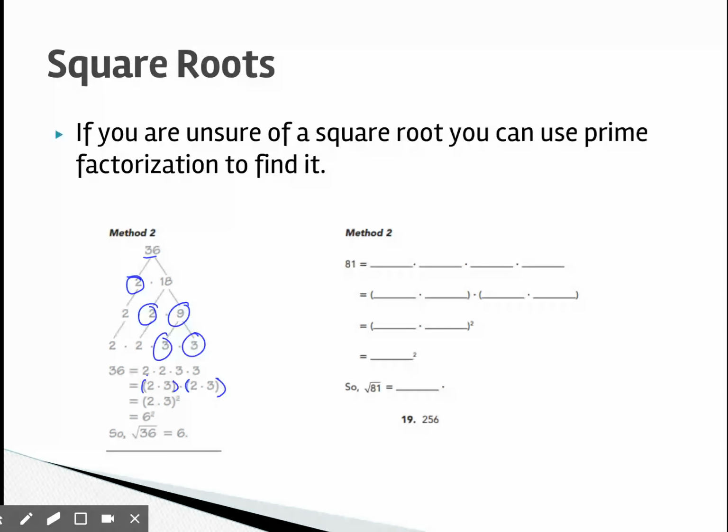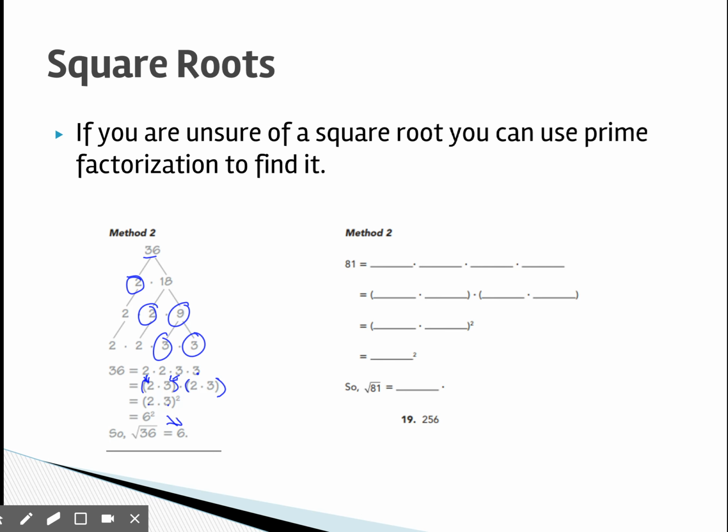So I have 2 2s and 2 3s. So in each parentheses, I'm going to have to put a 2 and a 3. And then I simply multiply what is inside those parentheses, 2 times 3, and that 2 times 3 is 6. So that's how I find the square root of 36.